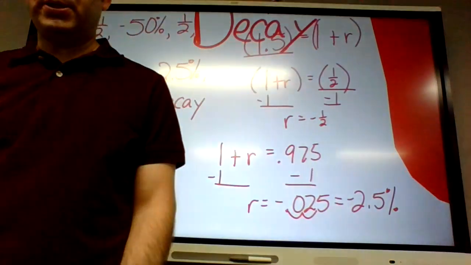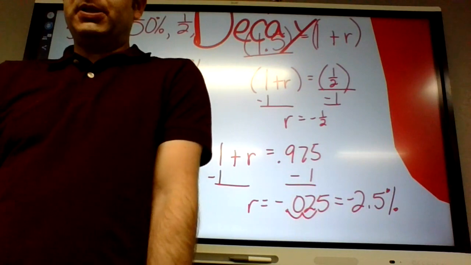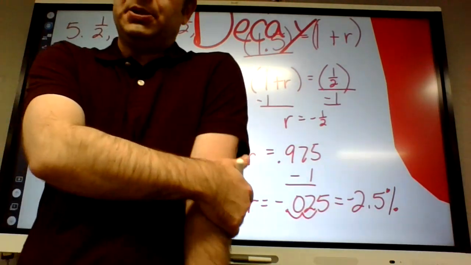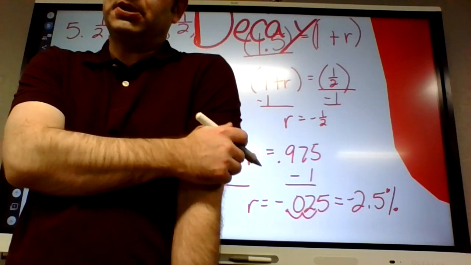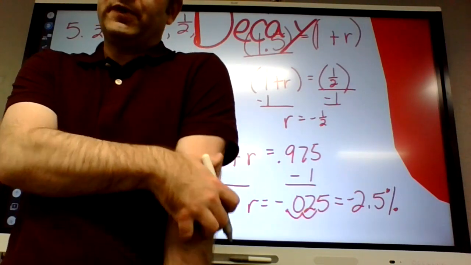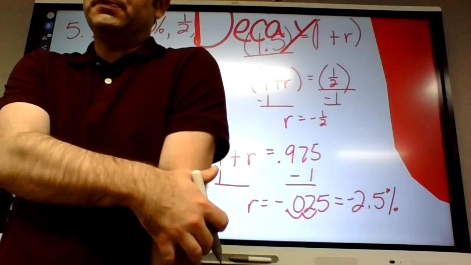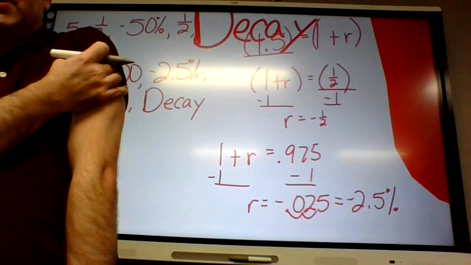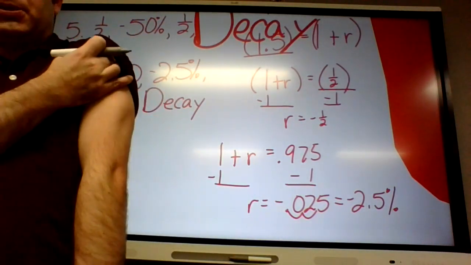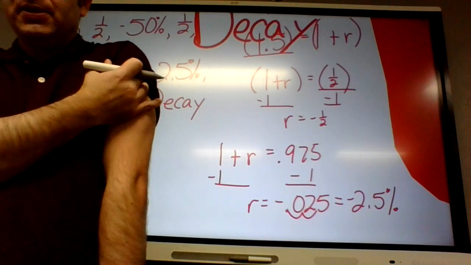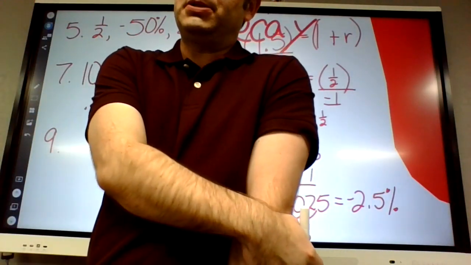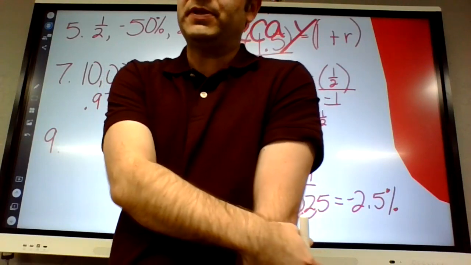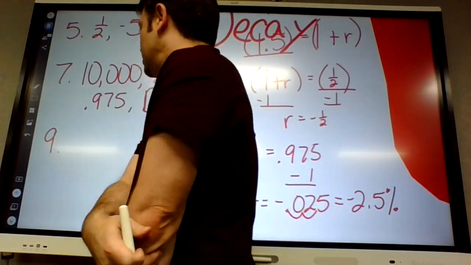Number 9. Write an exponential function modeling each situation and state whether the function models exponential growth or exponential decay. Then evaluate f of 5 and f of 12 for each function. So they're giving us a situation and we're supposed to put the function that goes with it. A $33,000 car is expected to lose 1/6 of its value each year.